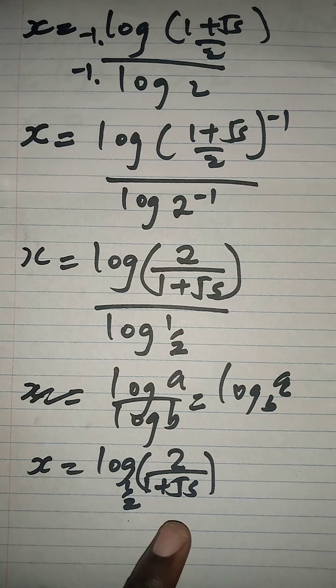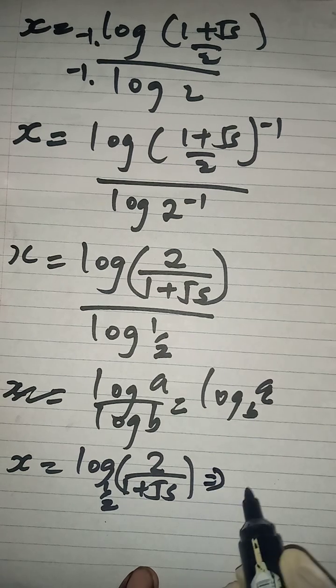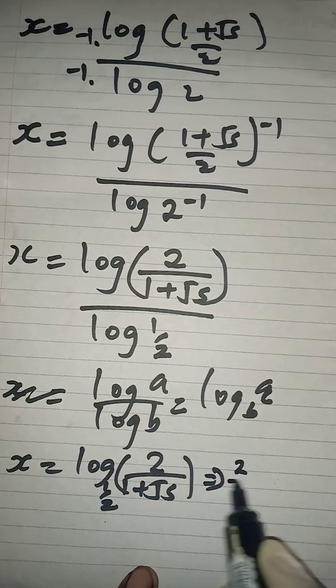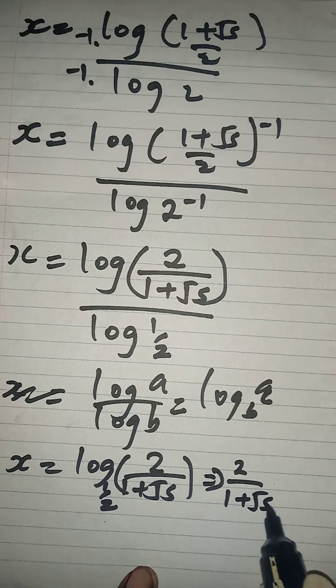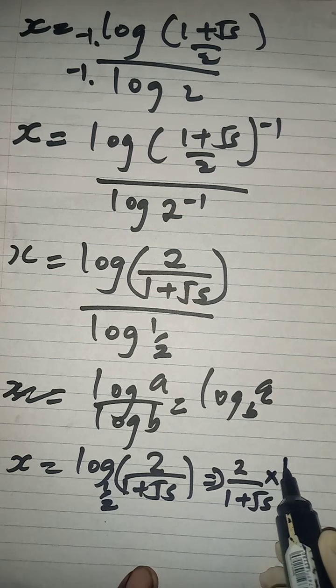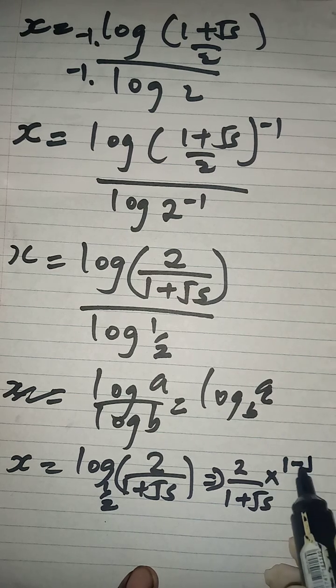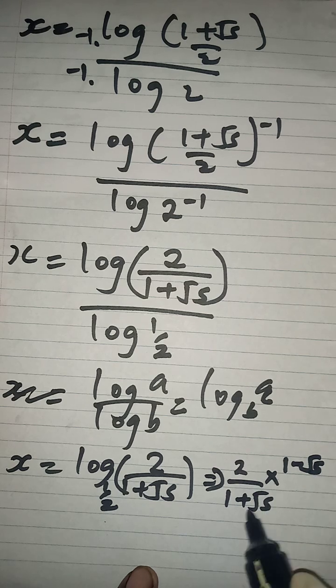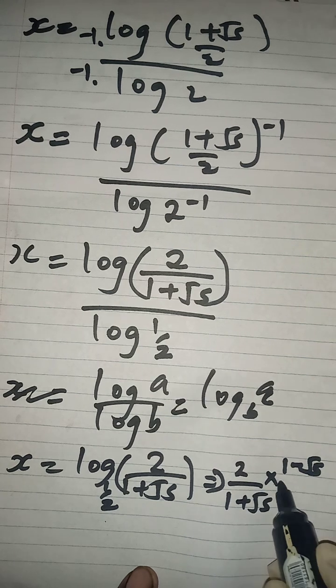I can go further and rationalize the denominator. Recall that 2 all over 1 plus root 5, when I rationalize it, I'm going to multiply by 1 minus root 5, the conjugate of it.